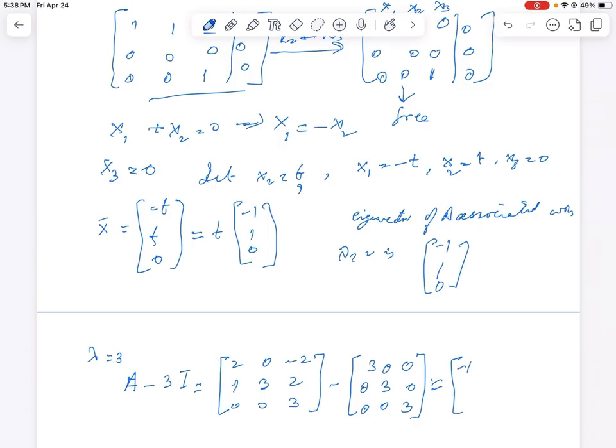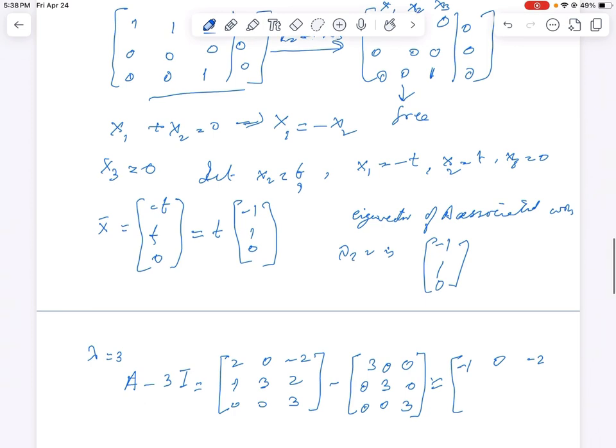In the first row, second entry will be 0, and the third entry will be -2. So -2 minus 0 is -2. Second row, we will have 1, 3 minus 3 is 0, and then 2 minus 0 is 2, and then the last row will be 0, 0, 0.